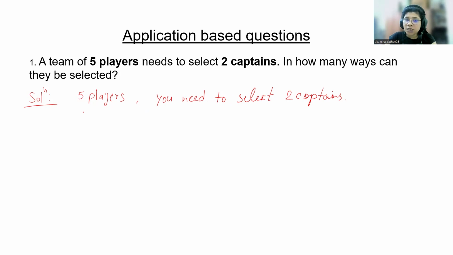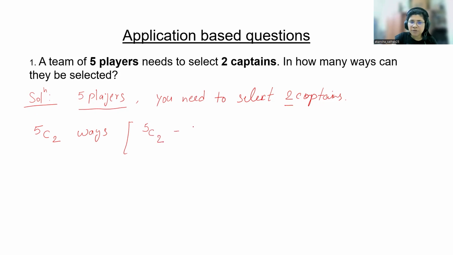So you need to select 2 players out of 5 players. That is what it means. Because you have a group of 5 players, and out of those 5 players, you need to select 2 captains. Those 2 captains can be anything, means any 2 players you can make captains. So basically, in how many ways can they be selected? 5C2 ways. And we have already calculated it.